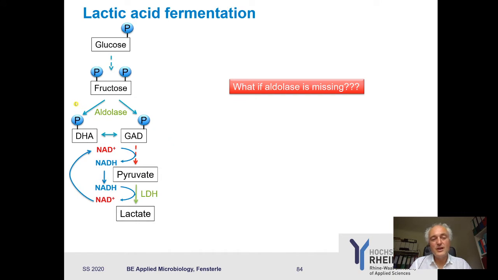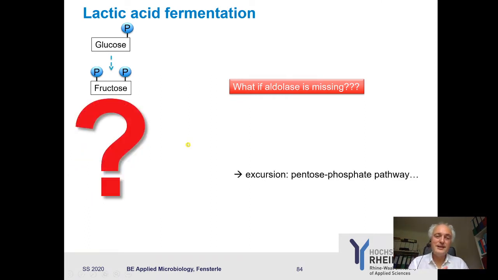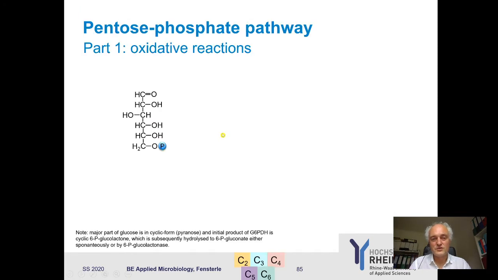If you have no aldolase, obviously you don't produce glyceraldehyde 3-phosphate. You cannot go down there. And in these cases, bacteria can use another pathway. There we have to do a little excursion to the so-called pentose phosphate pathway. And the pentose phosphate pathway starts differently.